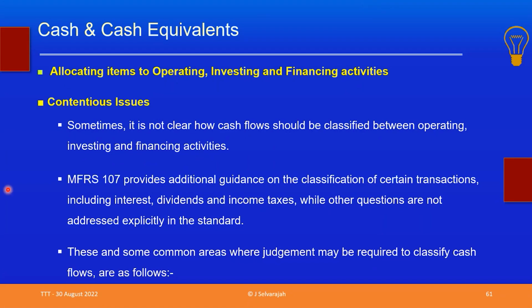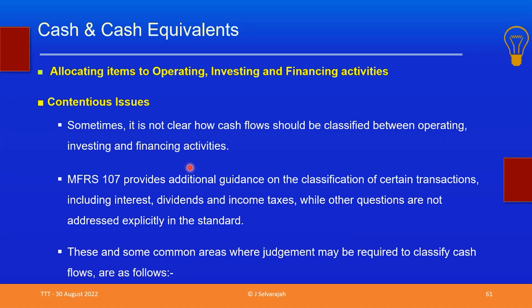All right. Contentious issues. Sometimes it is not clear how cash flow will be classified between operating, investing, and financing. All right. So MFRS 7 provides additional guidance because of this on the classification of certain transactions, which include interest, dividend, income tax, while other questions that we may have on where to put it, they are not addressed specifically.